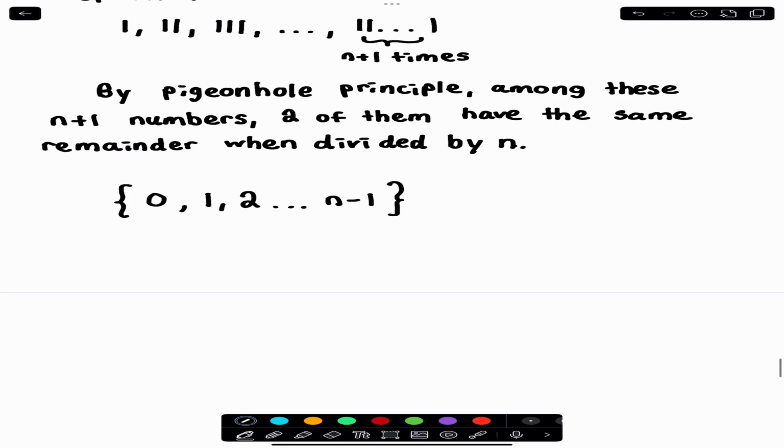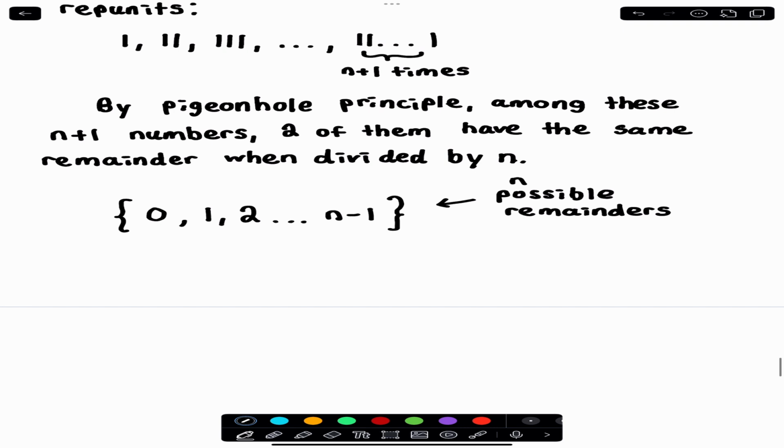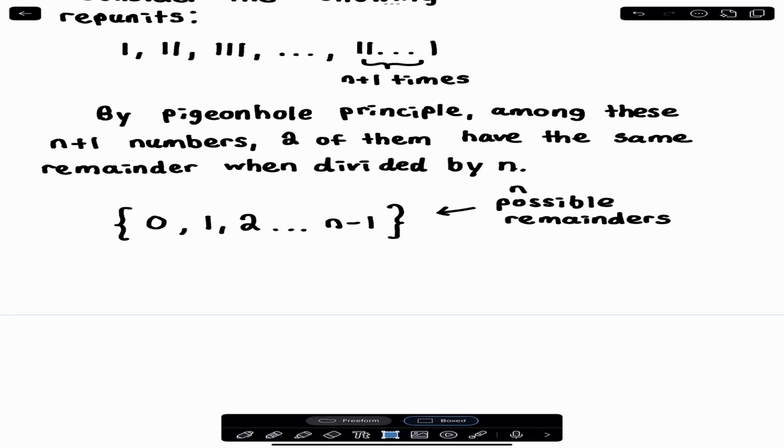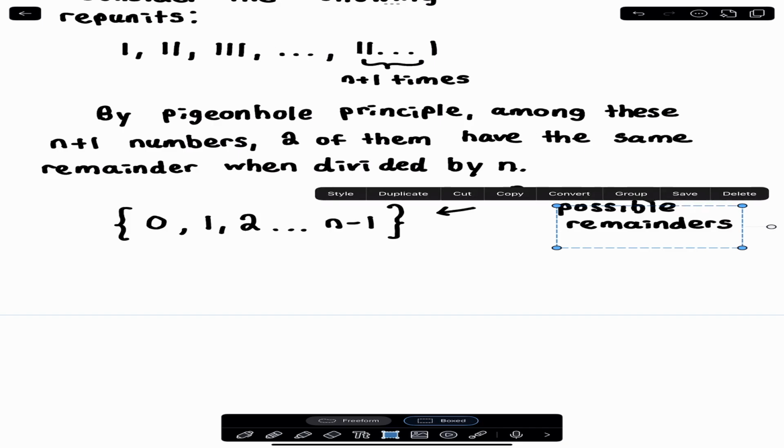So let's write that out. And let's actually be more specific. That's n possible remainders.